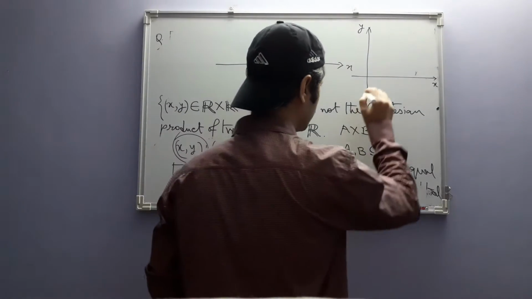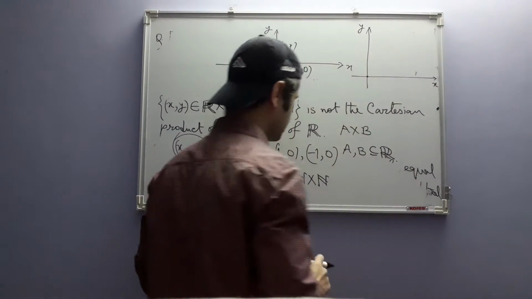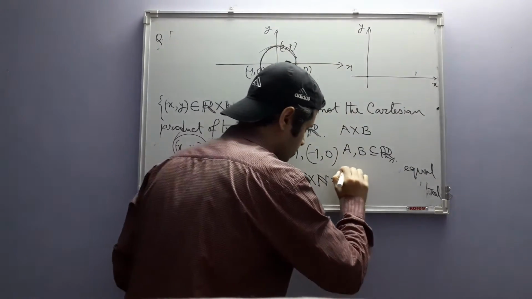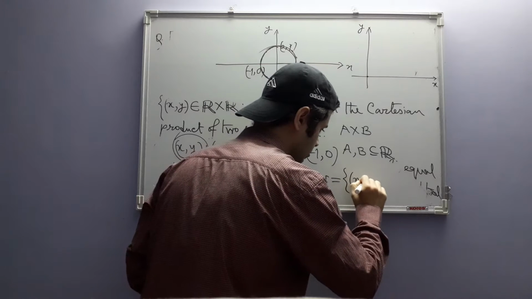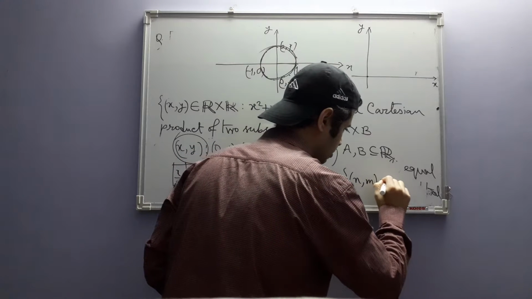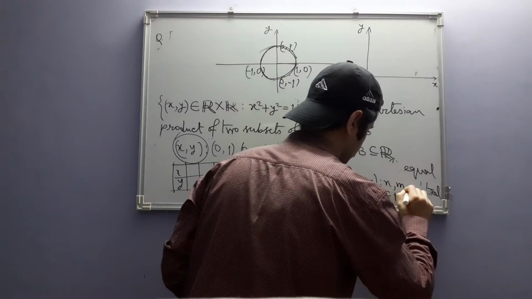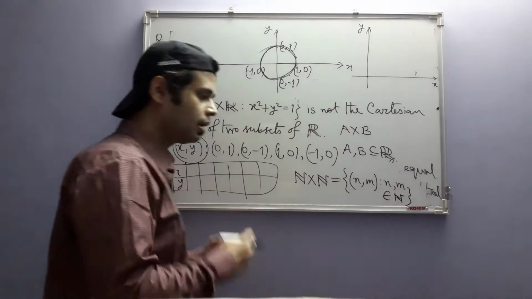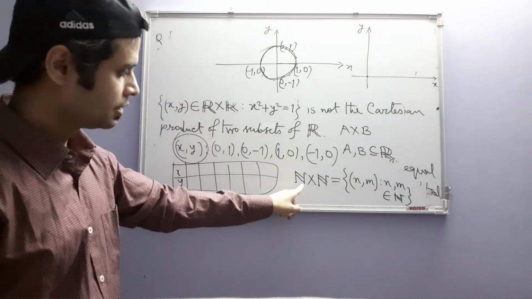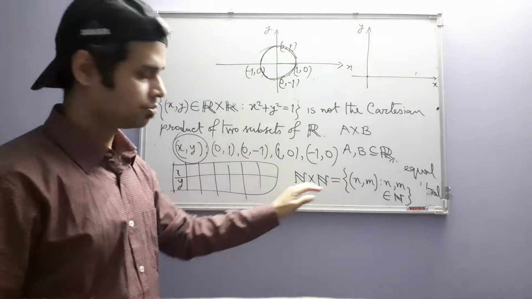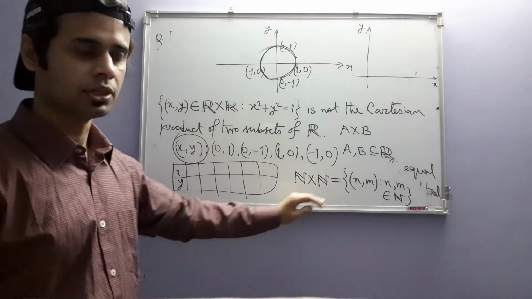Okay, so here this will consist of all ordered pairs where both the coordinates are natural numbers. So we will have infinitely many elements. This is an infinite set because both the sets are infinite.